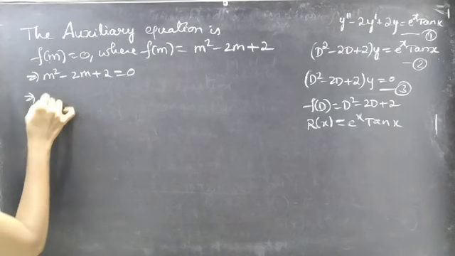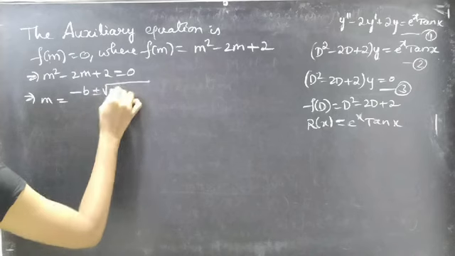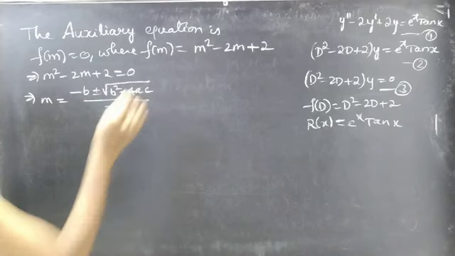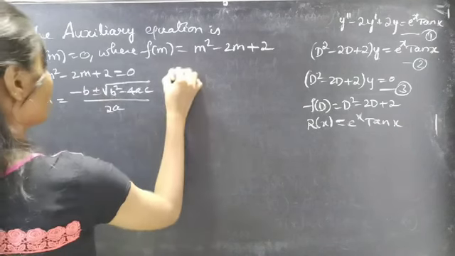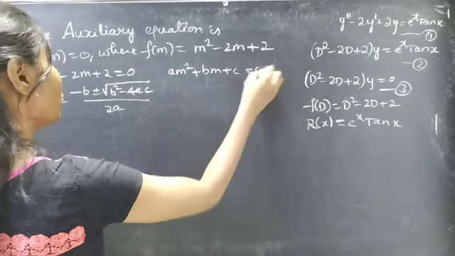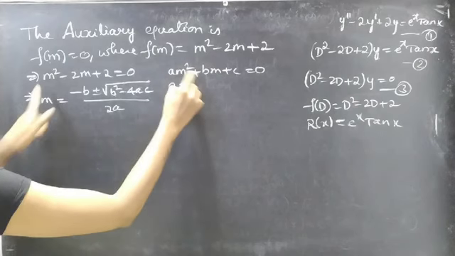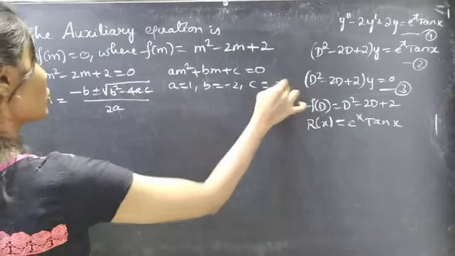So here we are going to use the quadratic formula, minus b plus or minus square root of b square minus 4ac, by 2a. In order to find the values of a, b, c, we'll compare this equation with am square plus bm plus c equal to 0, a quadratic equation in m. By comparing these two, we'll get a equal to 1, b equal to minus 2, c equal to 2.